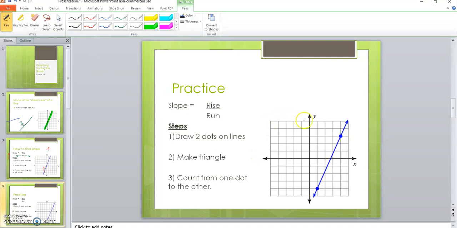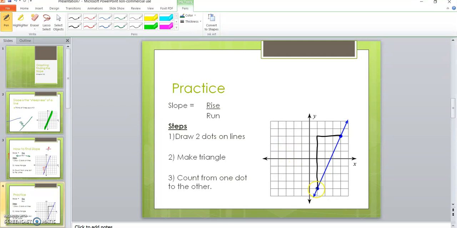Alright, so here's another practice question. Now they've drawn the 2 dots on the lines for us, but if they did not draw the dots on the line for us, then we would have to find them. So the first thing I want you to do is make a triangle. Okay. And then we're going to count from one dot to the other.